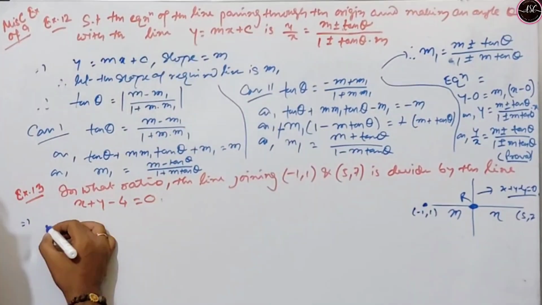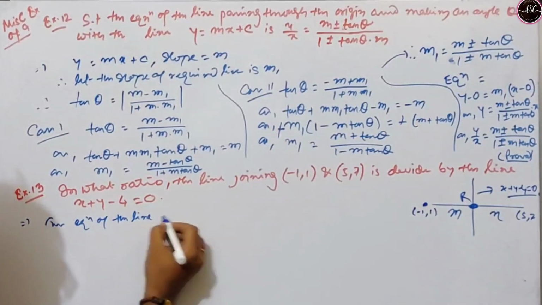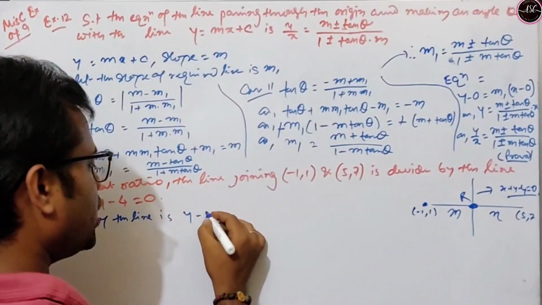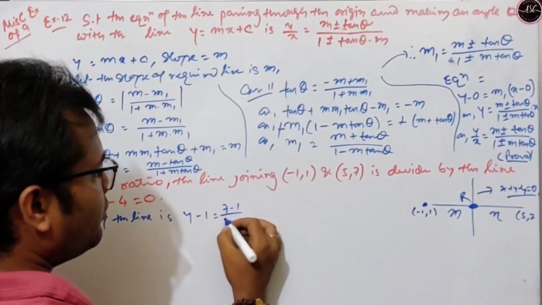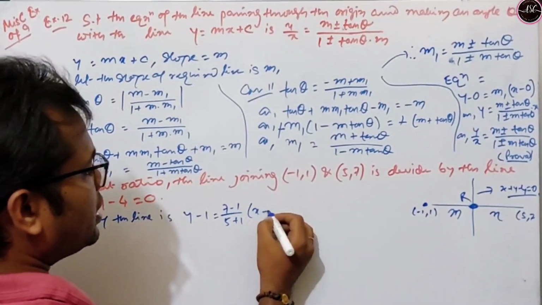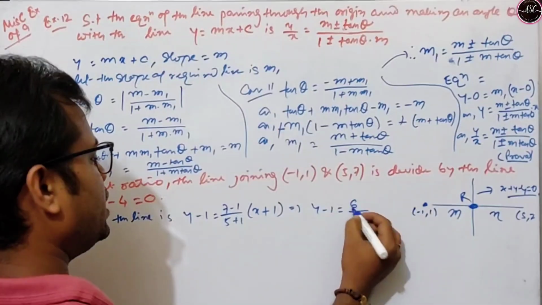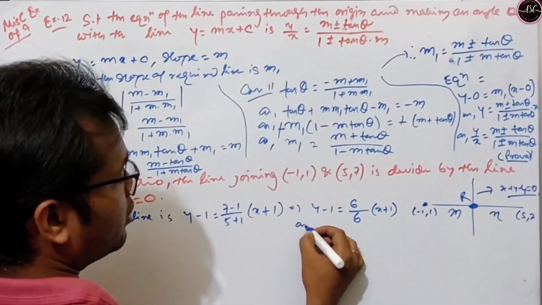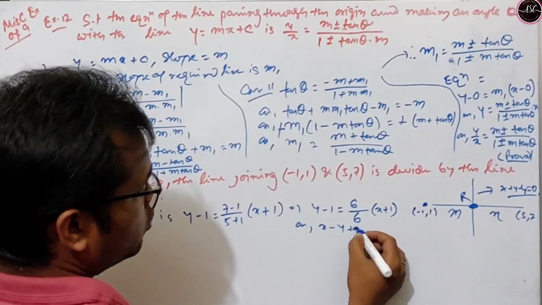So first, the equation of the line passing through (minus 1, 1) and (5, 7) is y minus y1 equals m into (x minus x1), where the slope is (y2 minus y1) divided by (x2 minus x1), that means (7 minus 1) divided by (5 plus 1), into (x plus 1). So y minus 1 equals 6 by 6 into (x plus 1), or x minus y plus 1 plus 1, that is x minus y plus 2 equals 0.